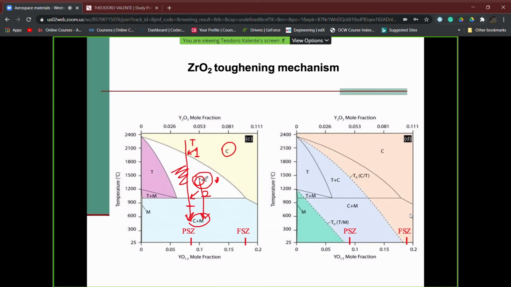Thus, if we are here and make a rapid cooling, we do not need to transform the cubic, because the cubic still exists in this area.